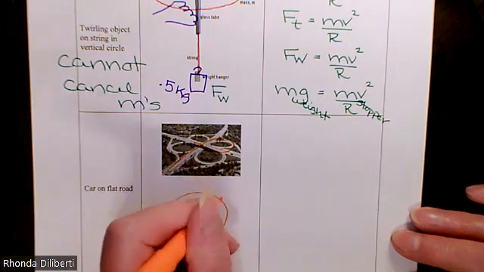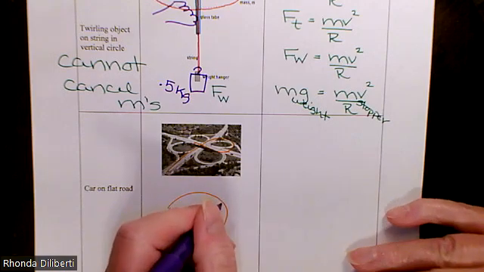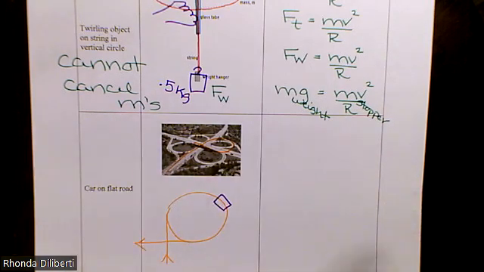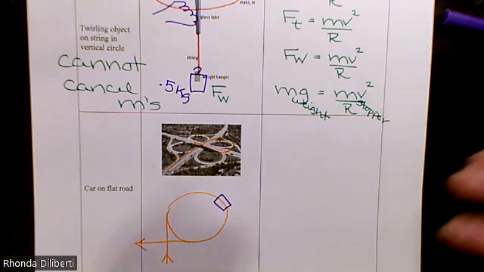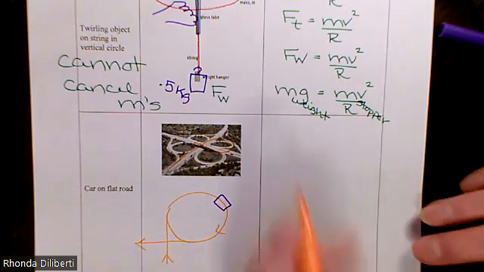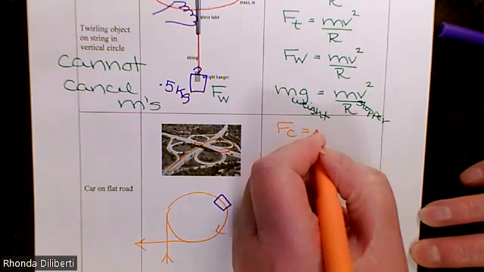All right, but let's put our car right in the middle of this. So I'll draw my car here. And we know we're going this way. So I see my car going in a circle. So I'm going to write down the circular motion equation.